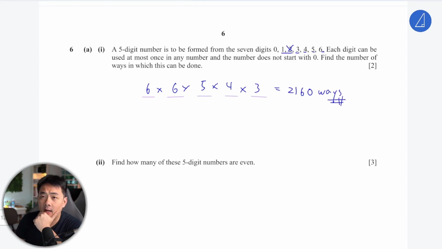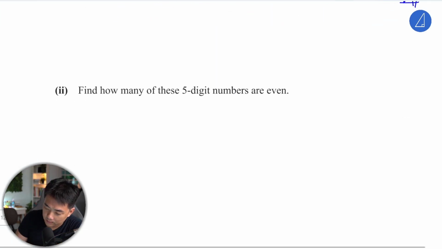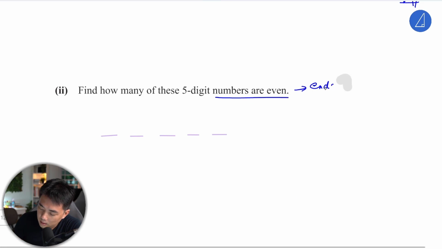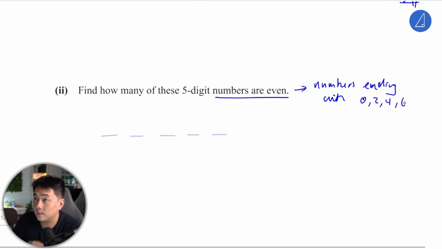Now find in how many ways of these 5-digit numbers are even. Now the problem with this is essentially 5-digit, 1, 2, 3, 4, 5. You need to break down into cases, because we can't start with 0. Even numbers are numbers which end with even digits, ending with 0, 2, 4, or 6.